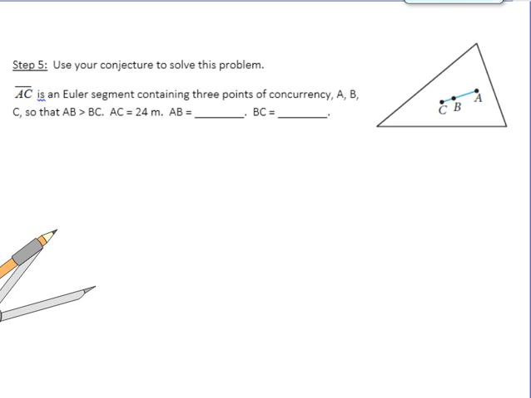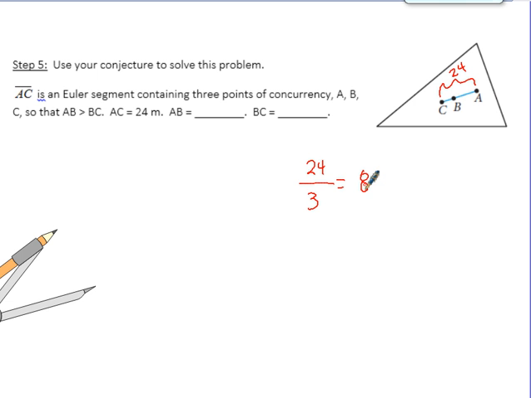So it tells me that AC is 24 meters, so I am going to add to my drawing. So if the whole thing's 24, and I know it's in ratio 2 to 1, then there has to be 3 parts within it. So I'm going to divide my 24 by 3, and I know that's 8.